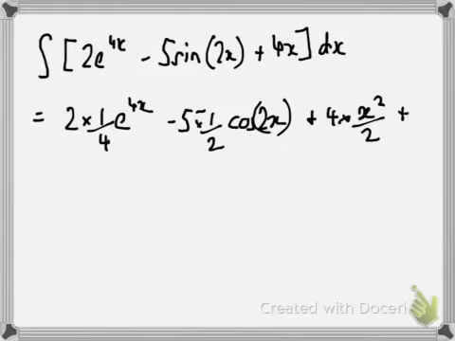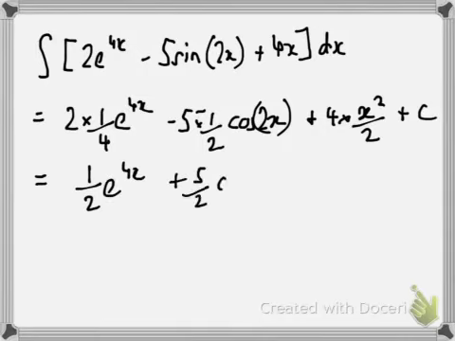Mustn't forget my plus c. So 2 times a quarter is a half, e to the power of 4x, plus 5 on 2 cos 2x, 2 and 4 will cancel there, plus 2x squared, plus c. There's our answer to that one.